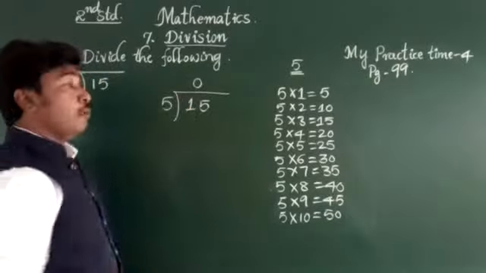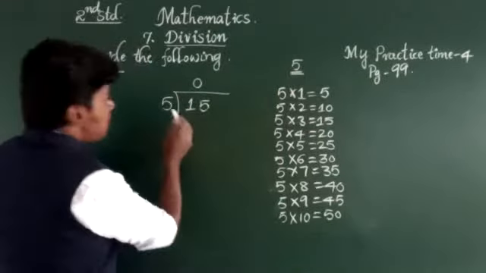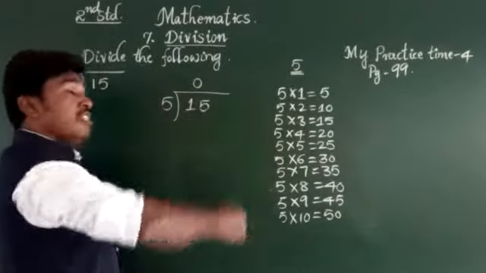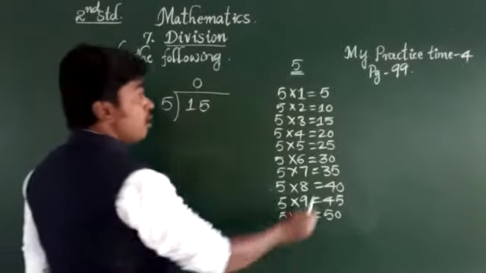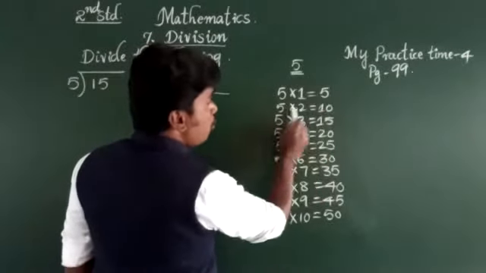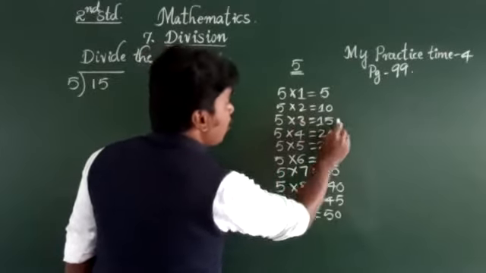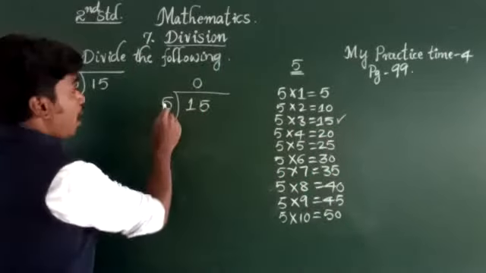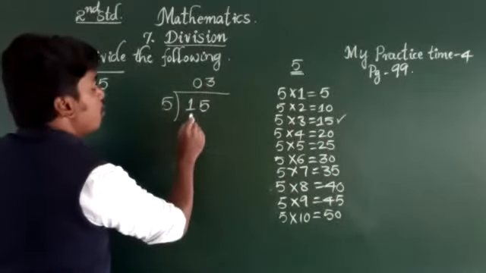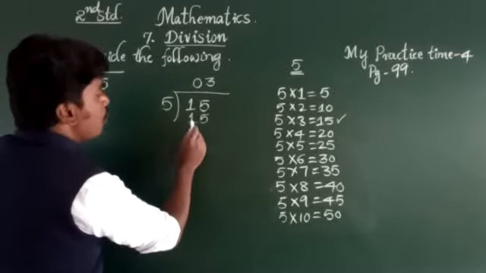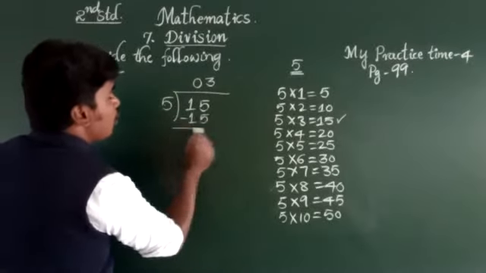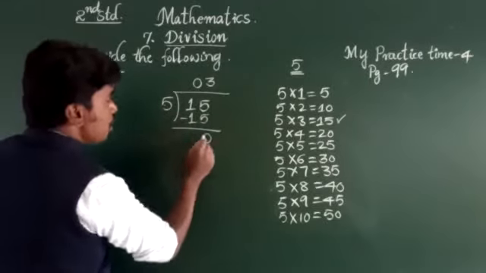Now you see the multiplication table of 5, which comes to 15 or less than 15. 5 ones 5, 5 twos 10, 5 threes 15. Here only it is there. 5 threes are 15. Now you subtract 15 from this 15. What is the answer? 5 minus 5 is 0.